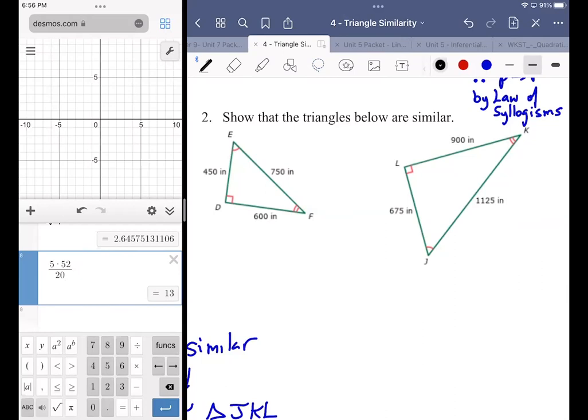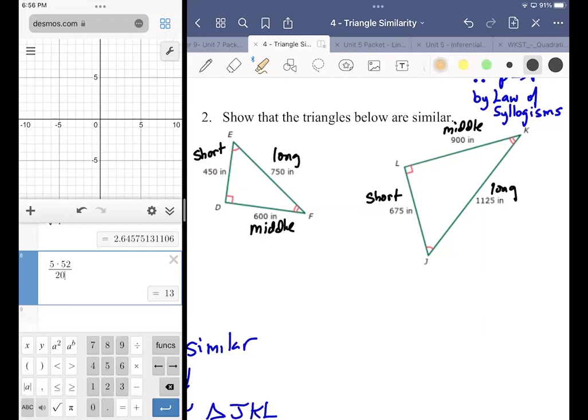So we have the shortest, middle, long, shortest, middle, long. It helps to label it up because when they start playing around with the orientation, it can get a little dicey.